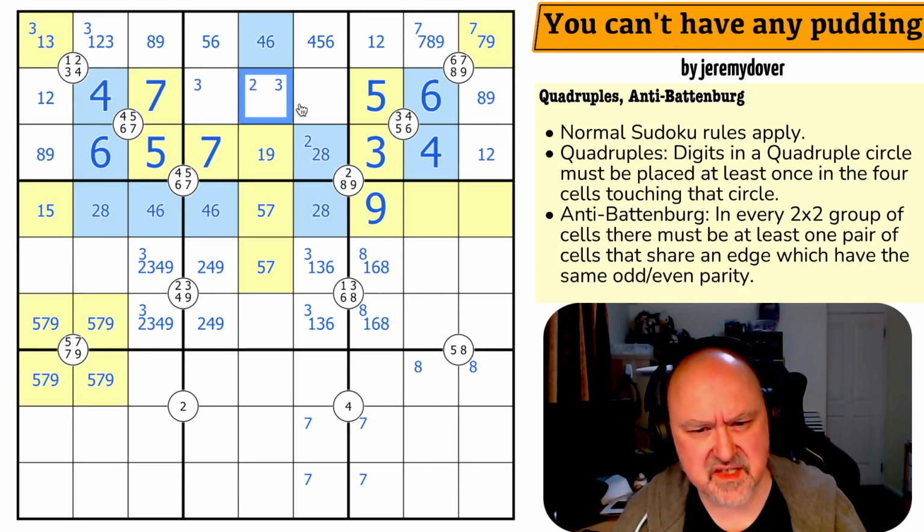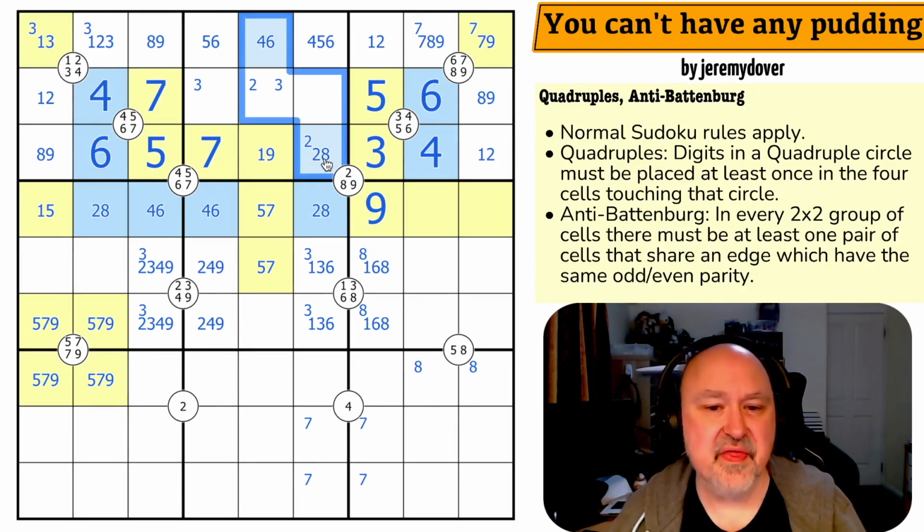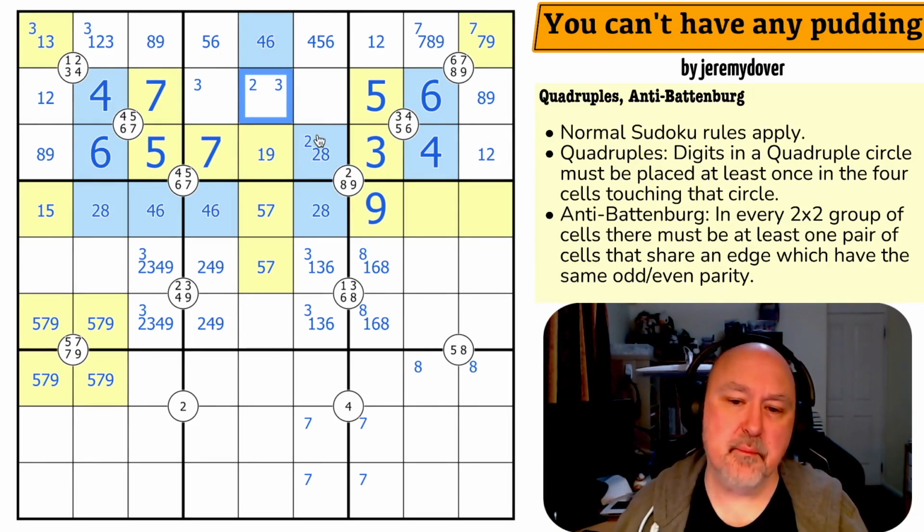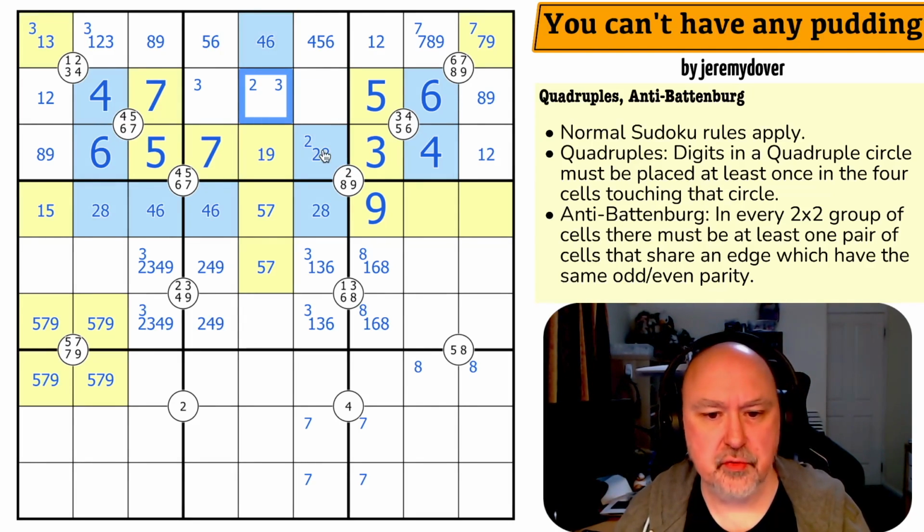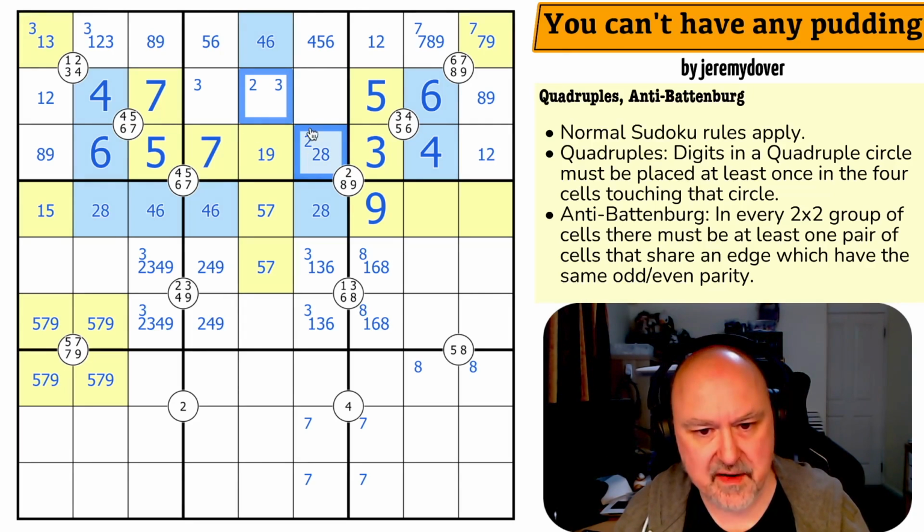So if that's a 2, all of those are even, and that doesn't work. This can't be a 2. If this is a 2, this becomes an 8. And in order to avoid a Battenburg pattern forming, that would also have to be even. But there are 2 evens up here. And there'd be 1, 2, 3, 4, 5 evens. That doesn't work. That's not the 2.